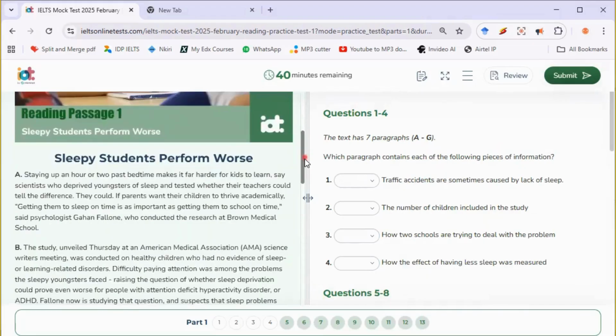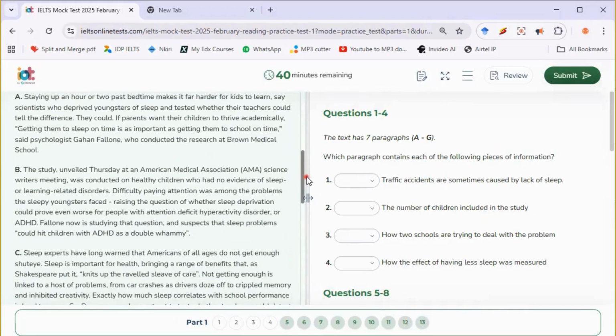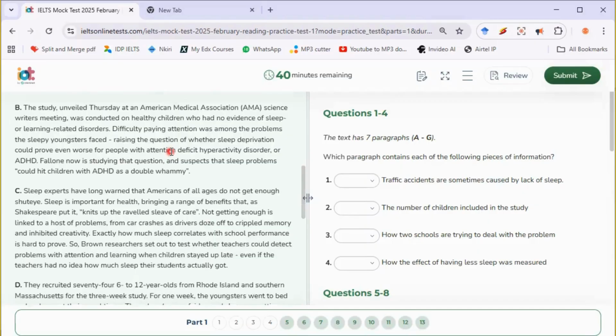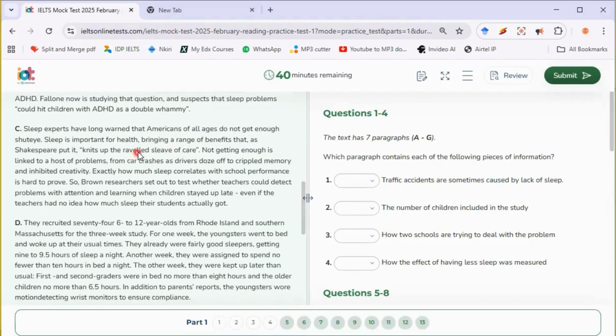This issue of traffic accidents, I think I saw it in paragraph B. Where's that issue of traffic? No, not paragraph B. What of paragraph A? Harder to learn, tell the difference. I saw traffic somewhere.